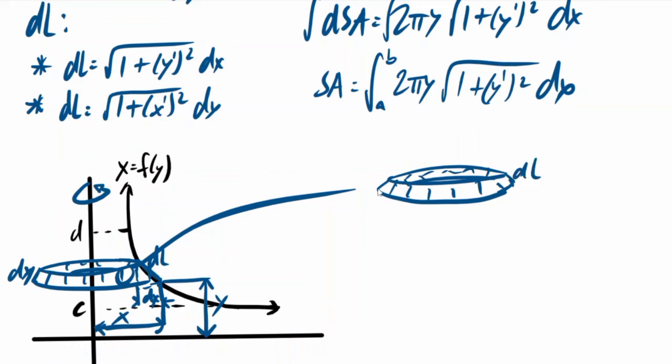Our DL is this strip right here, and our dy is the width of the strip here, and this side is going to be our dx.